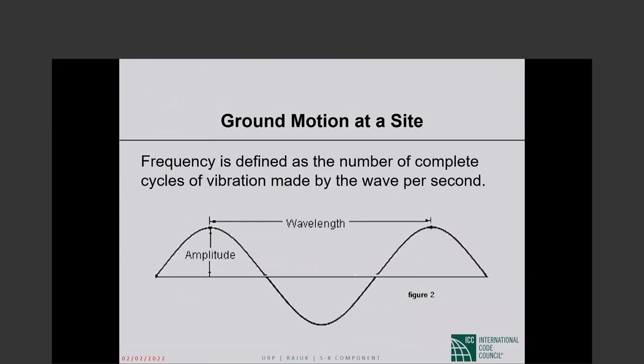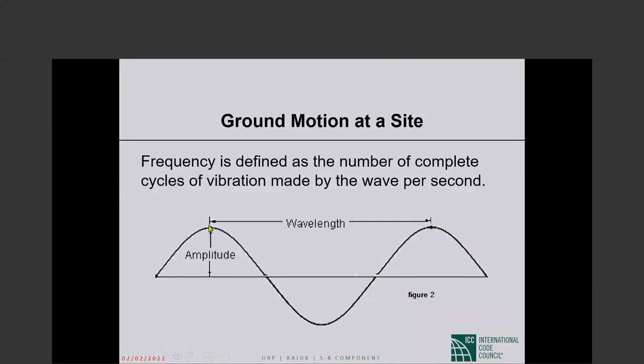Now, some basic things. Frequency is defined as the number of complete cycles of vibration made by the wave per second. A complete cycle would be from this zero crossing to this zero crossing, or from this crest to that crest.